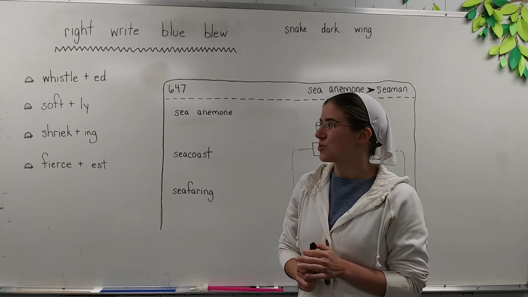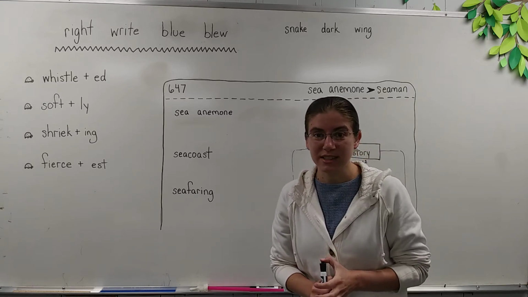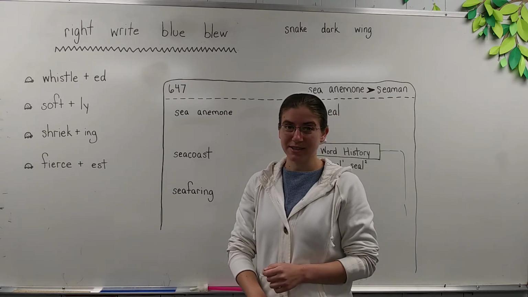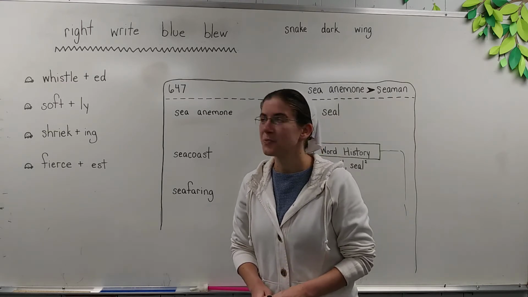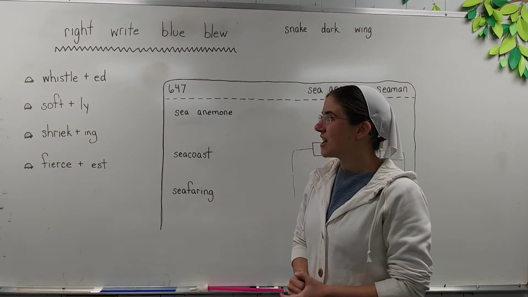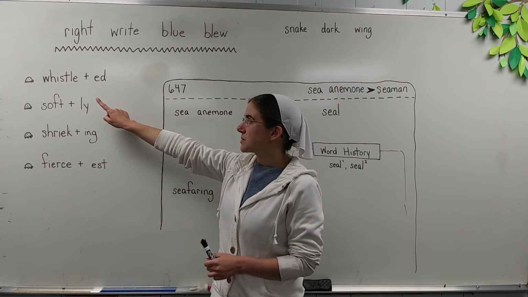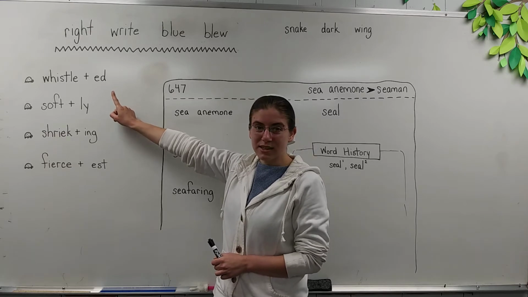Okay? So if a root word ends with a silent E, drop the E before you add a suffix that begins with a vowel. So go ahead and write down the first word, whistle plus ED.